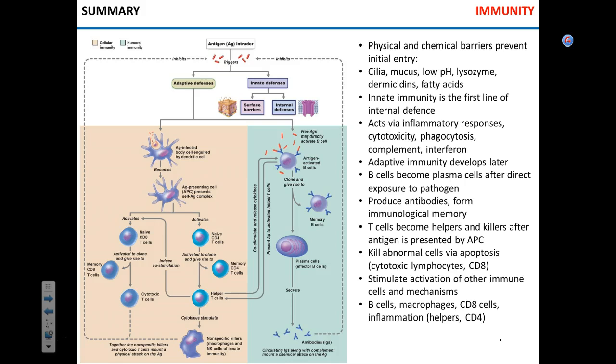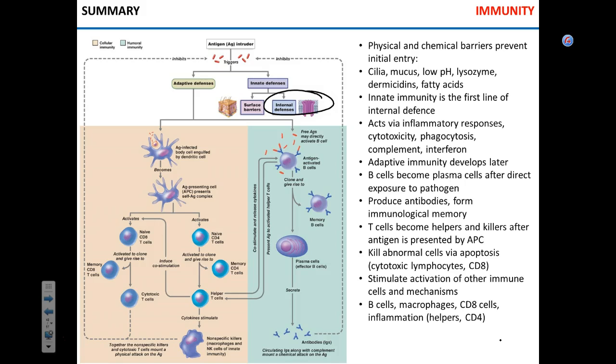Understand the locations, understand what's going on in each location. You have innate immunity. We talked about them. Cells, white blood cells like neutrophils, basophils, eosinophils, macrophages, complement, interferons. Those are components of innate immunity.